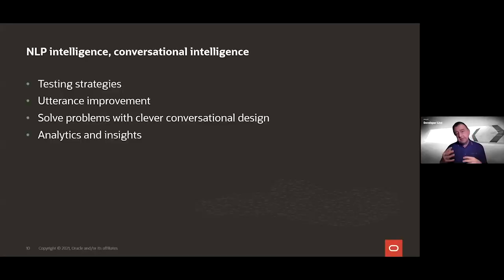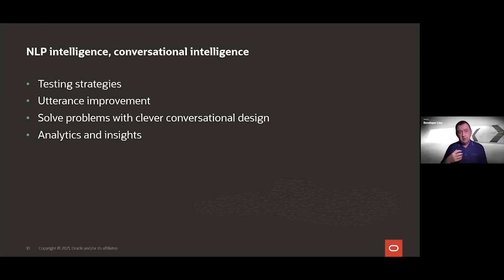So everything you've seen so far allowed us to build a pretty good digital assistant. But for us, how could we really push the limits of the natural language processing and the AI and the model so that it was smarter and understood more? And the key to that was testing, because with language models, the only way you can really tell if you make the right decisions is testing.